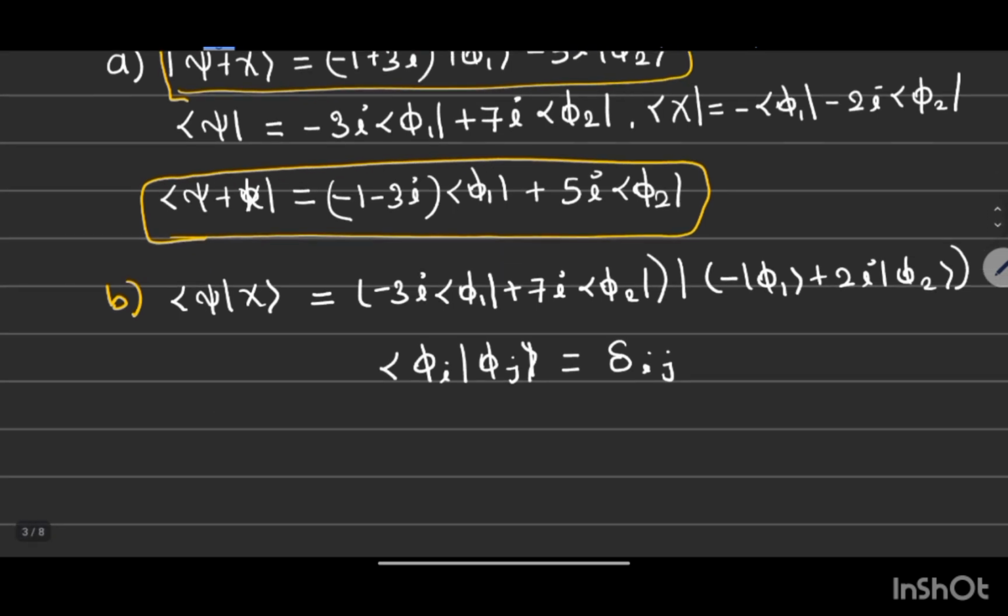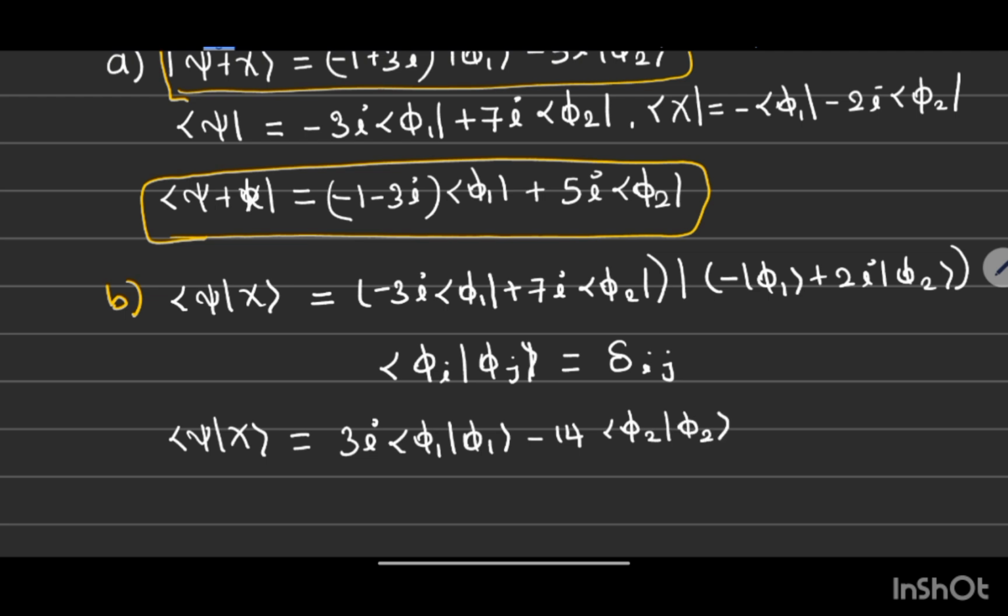So what you get here: minus 3i, here minus 1, so it is plus 3i, and then here 7i, here 2i. So i squared, we know iota squared is minus 1, so minus 14 times phi 2 inner product with phi 2.